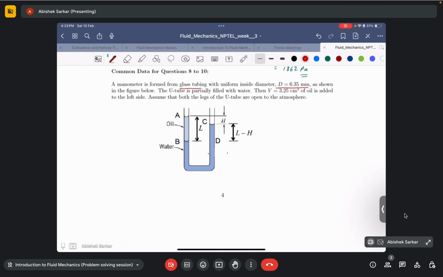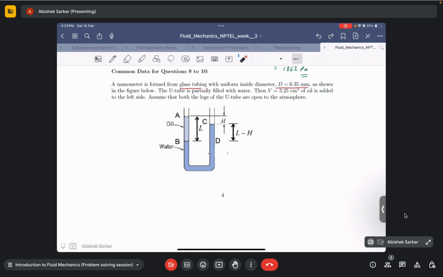So in this U tube manometer, they have added 3.25 centimeter cube of liquid oil. Okay, this is the volume. V oil is equal to 3.25 centimeter cube. Assume that both legs of the U tube are open to atmosphere. Basically the pressure here and here is atmospheric pressure.